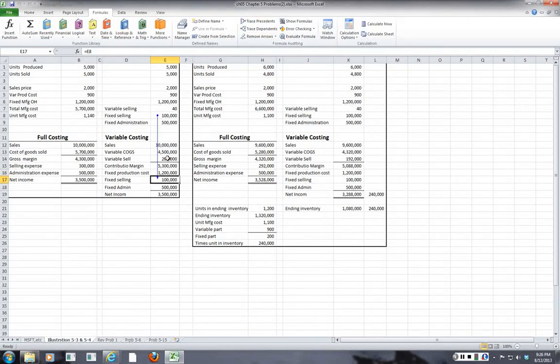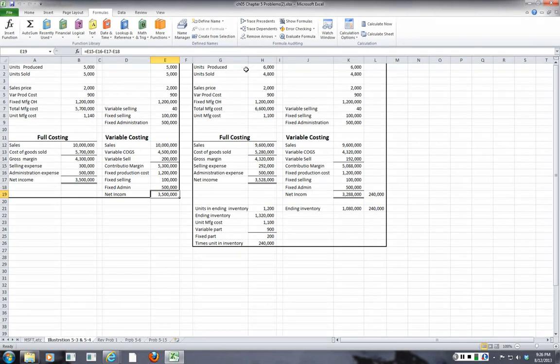Of that $300,000, $200,000 is variable, so that goes up in this portion and becomes part of developing the contribution margin. I'm sorry, I stumbled over that. Then from that, we deduct the fixed administrative costs of $500,000. So we arrive at $3.5 million net income, the same as we do over here. So while things are done differently, nevertheless, we come up with basically the same bottom line.